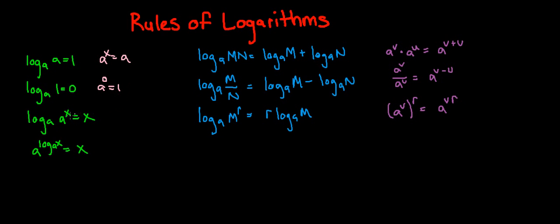And the reason for that is a to the x is a function, and then the log base a is the inverse function. So what we're doing here is we're taking the function of some value x, and then taking the inverse of that. So basically, we're doing something to it and then doing the exact opposite to it. So it's like moving it up 10 feet and then pulling it back down 10 feet.